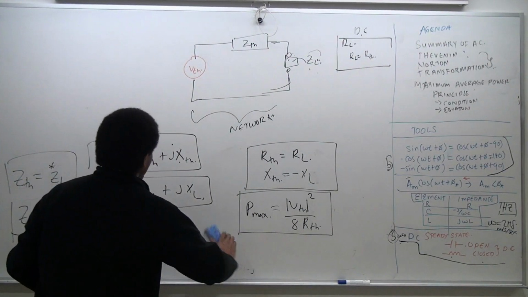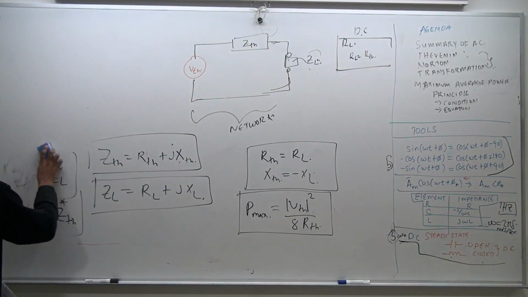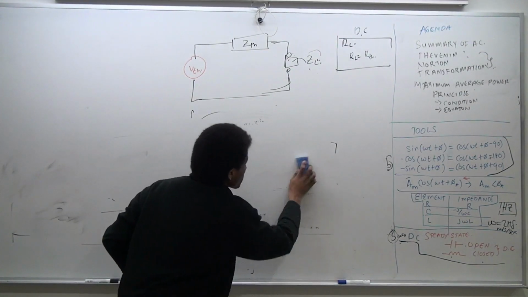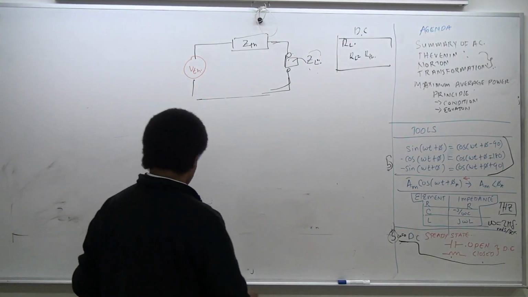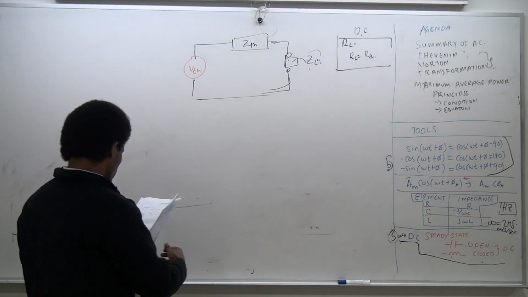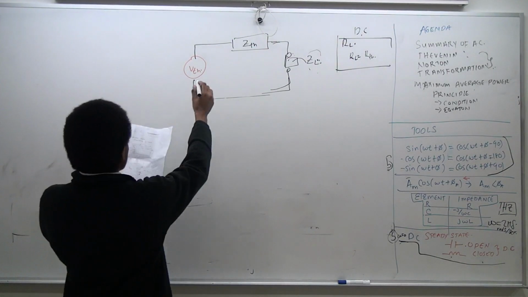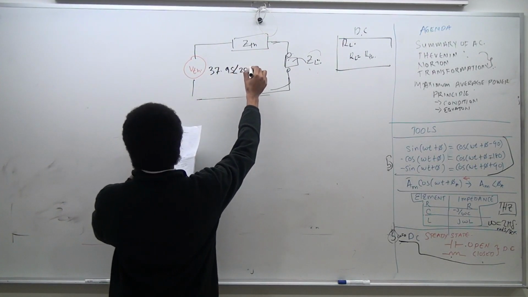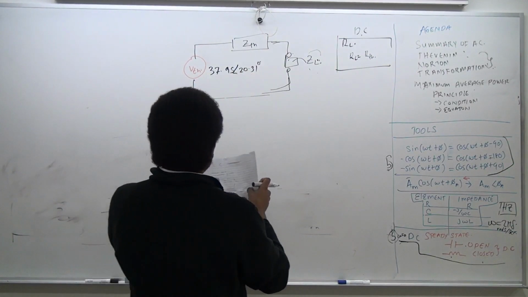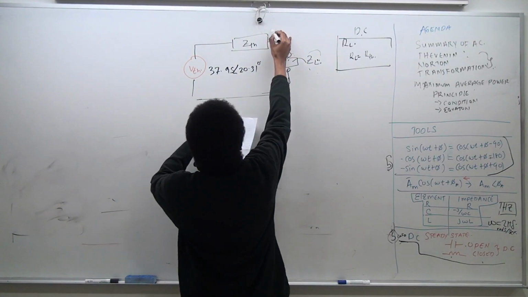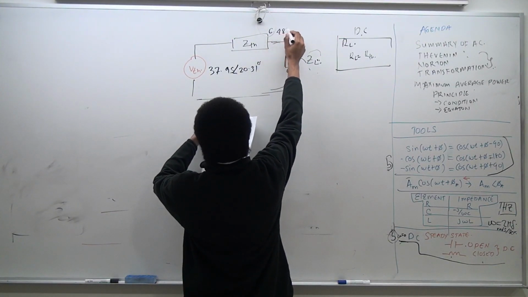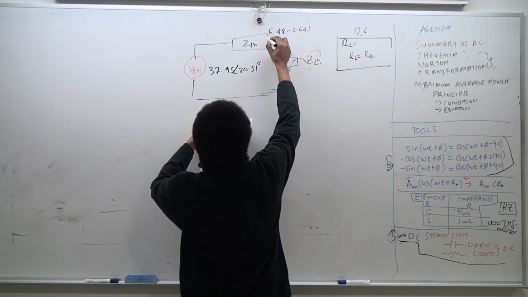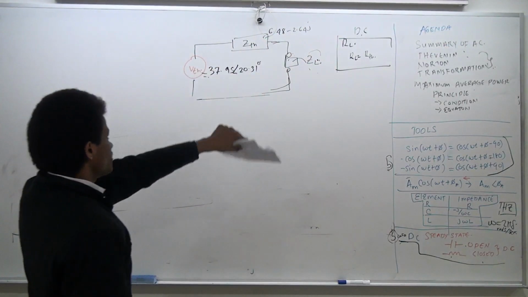For the circuit that we covered before, we know that the voltage Thevenin was indeed 37.95, I think at 20.31 degrees, and the Z Thevenin was 6.48 minus 2.64 J. This applies to the previous problem.